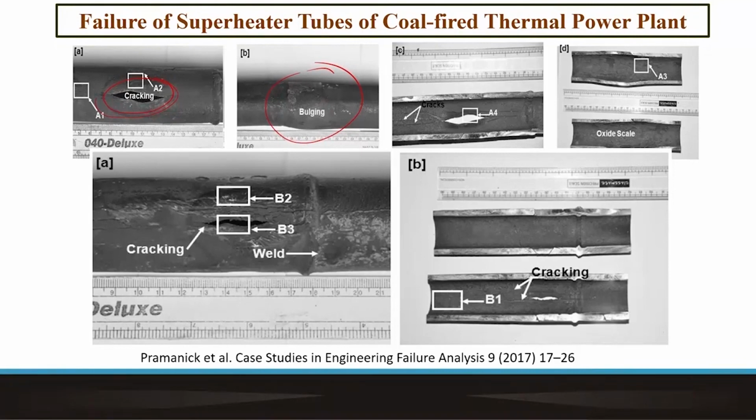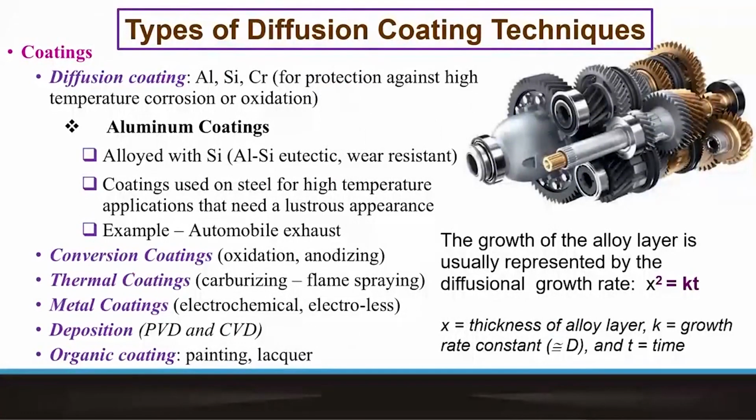So bulging may happen there, and when the pipe starts bulging, the thickness of the layer decreases, and then formation of such a crack becomes quite possible. So by all means this needs to be avoided or prevented. Either the crack happens over a period of time or catastrophically, it is certainly not desirable and needs to be prevented. Now, one of the major approaches for prevention of such failures is through diffusional treatments.